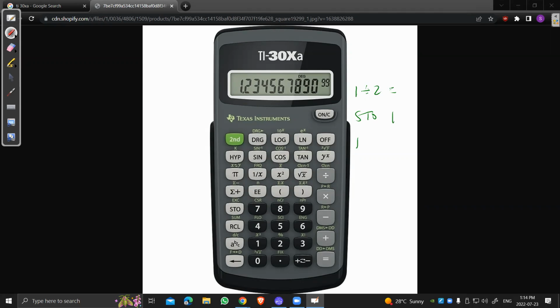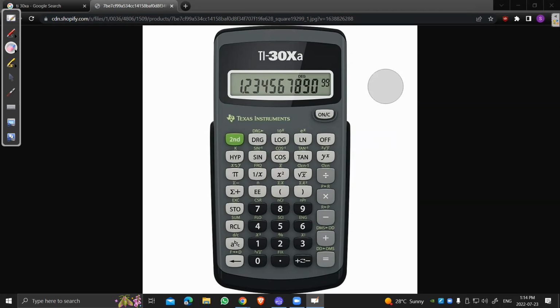Now do RCL, and then press 1. Does it give you anything? No. If you press equals, what does it give? It's still 0.5. But there's like an M1 on the corner of the numbers.